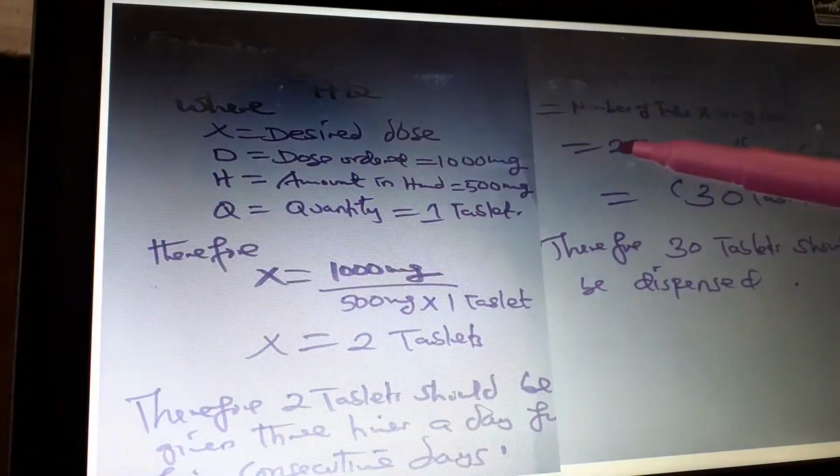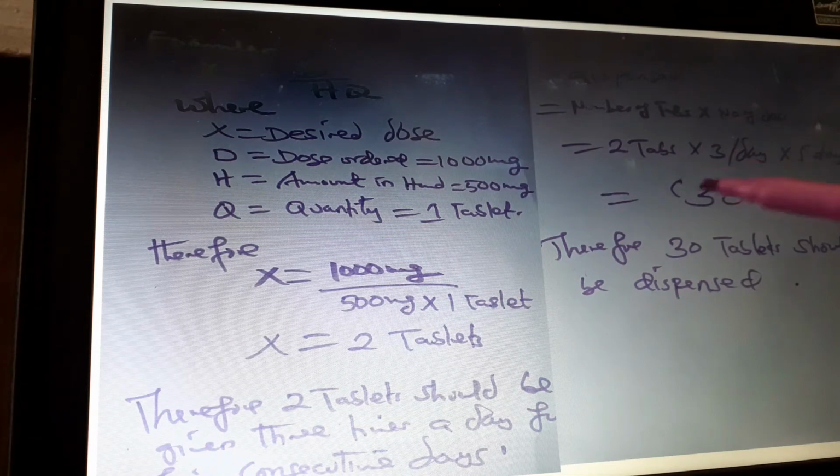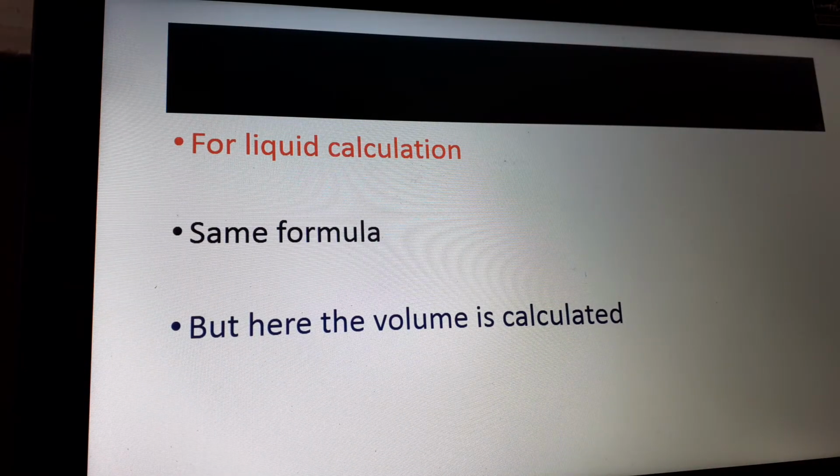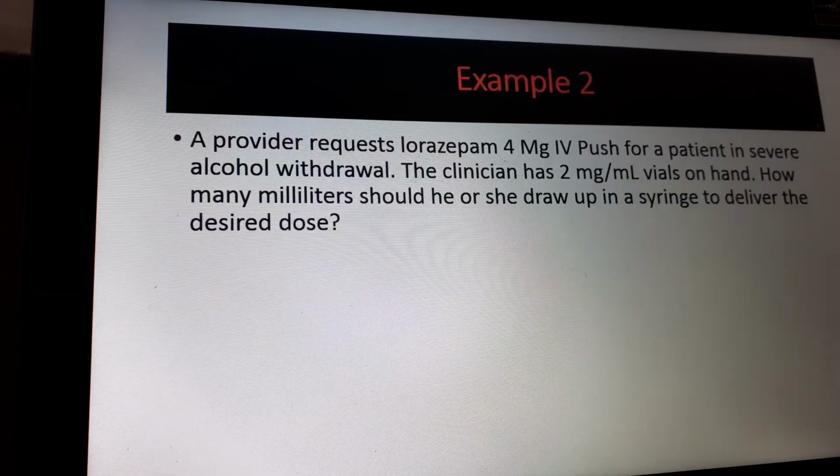So here now we find 2 tablets to be given 3 times in a day times 5 days. If you multiply 2 times 3 times 5, you will find 30 tablets, because day and day will cancel here. So 30 tablets should be dispensed. So for liquid, the same formula is applied, but here the volume is calculated.